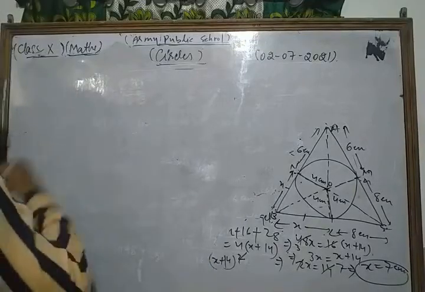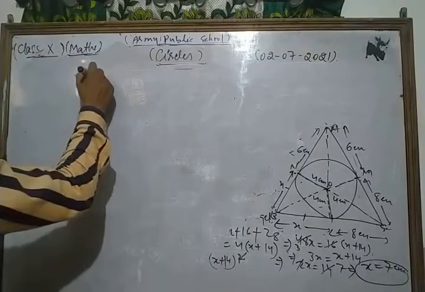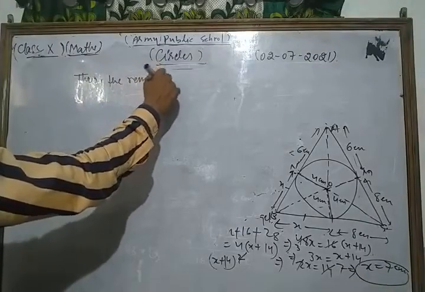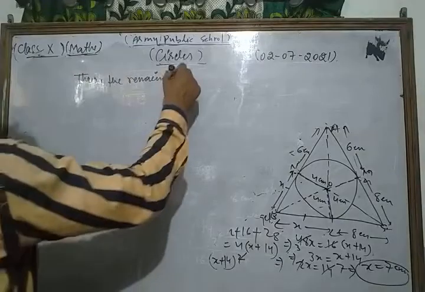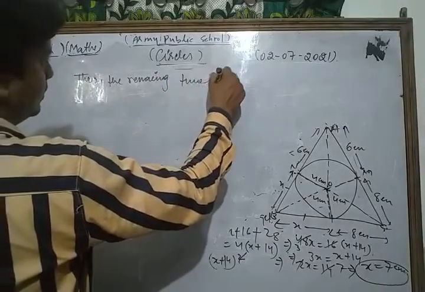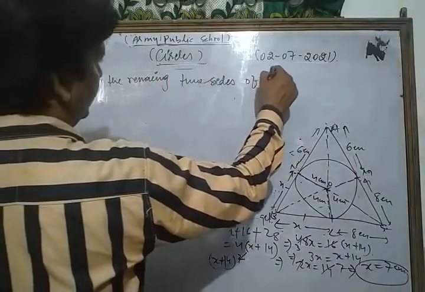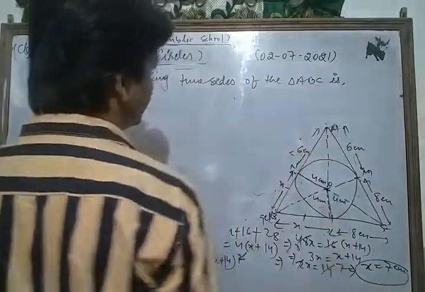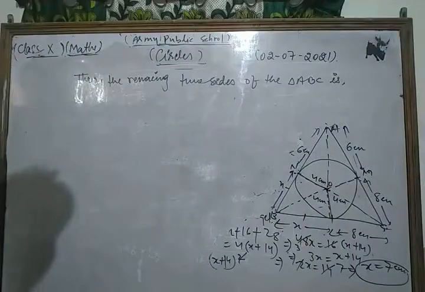Thus, the remaining two sides of the triangle ABC are what?